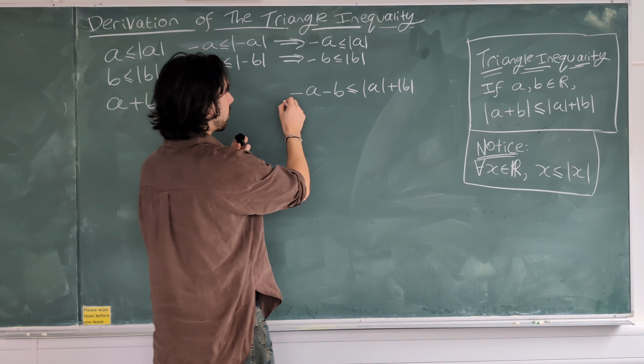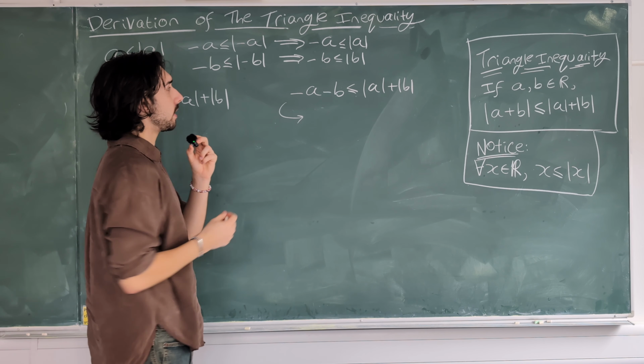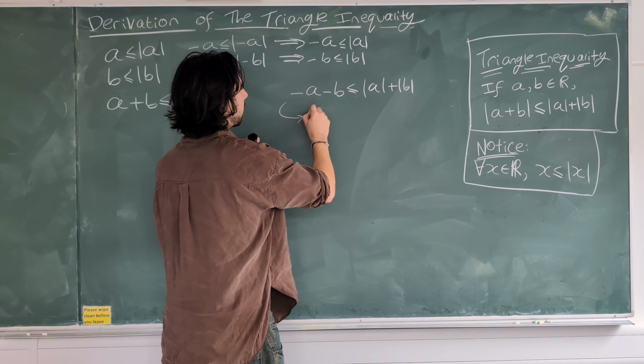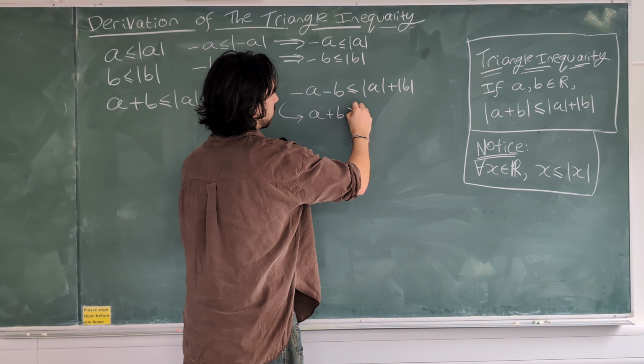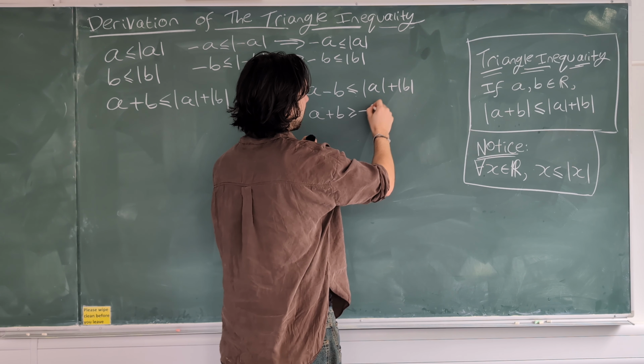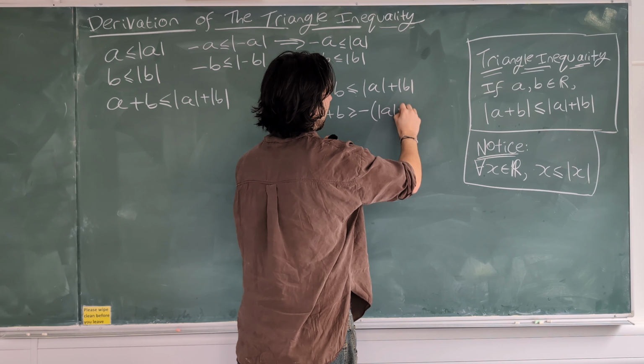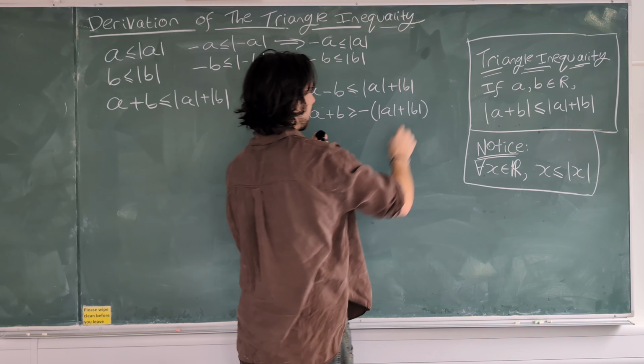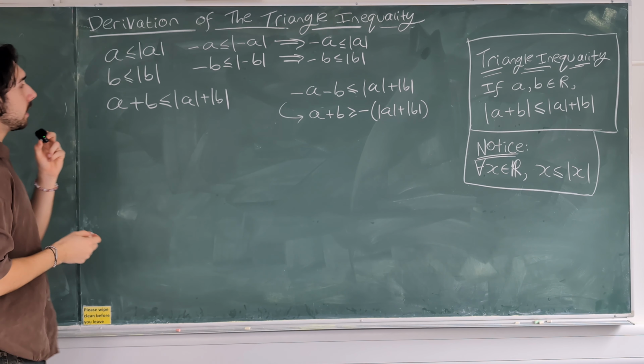And I'm going to rearrange this slightly. I'm going to times both sides by minus 1 for this one. So I'm going to get that a plus b is greater than or equal to minus the absolute value of a plus the absolute value of b, like that. You're going to see why I've done that in a minute.